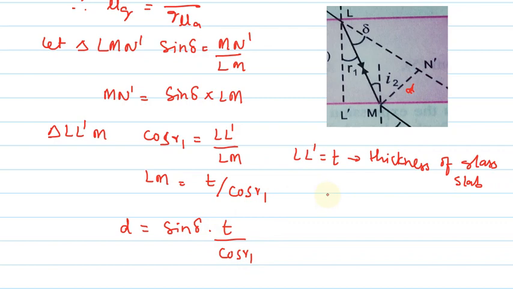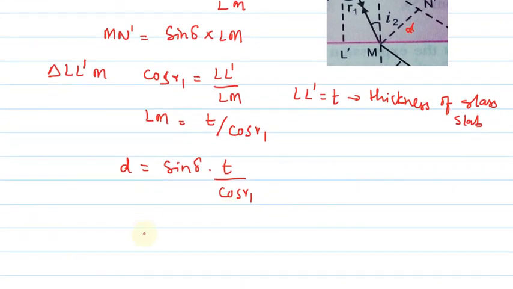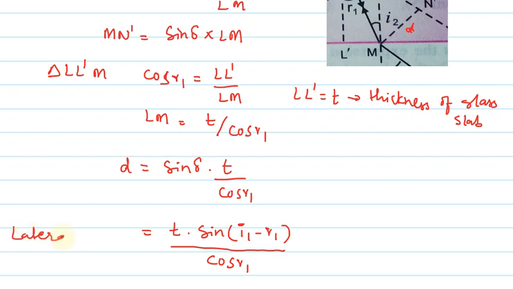Here we know delta is nothing but I1 minus R1. So this is equal to T into sine of I1 minus R1 upon cos R1. This is the lateral shift D.